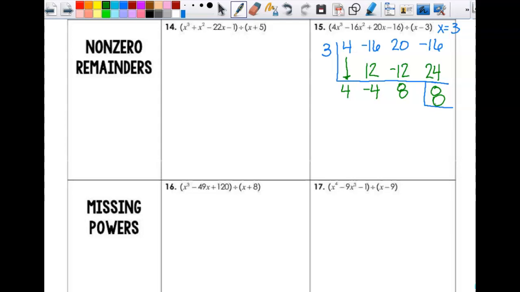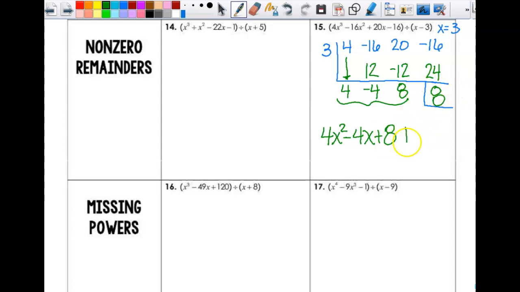So this is what we ended up with, so we've got to convert this to our answer. This is my remainder, so I'm going to leave it alone for a second. I've got 3 numbers down here, which means it's going to have to be an x squared function. So this is 4x squared minus 4x plus 8, and then this is my remainder.